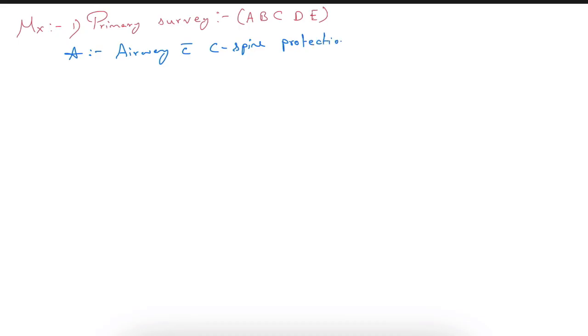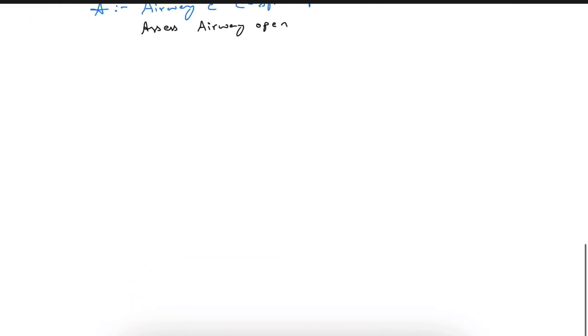Okay, then we have to assess airway opening, and check whether the patient can speak or not. Then next we have to check for any obstruction on auscultation, or stridor, hoarse voice, and we have to check the Glasgow Coma Scale. If less than 8, we have to react fast.